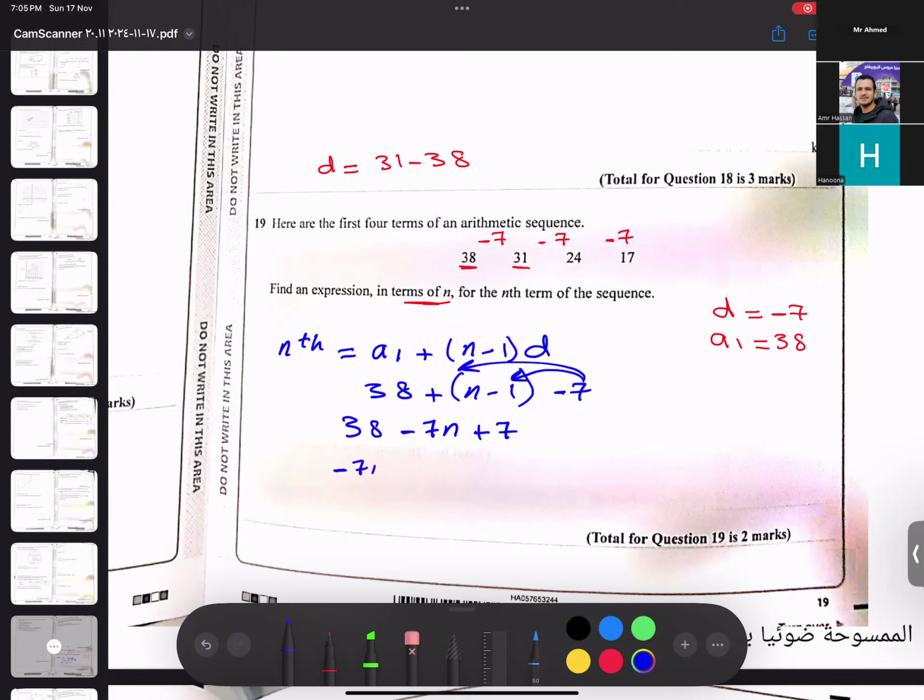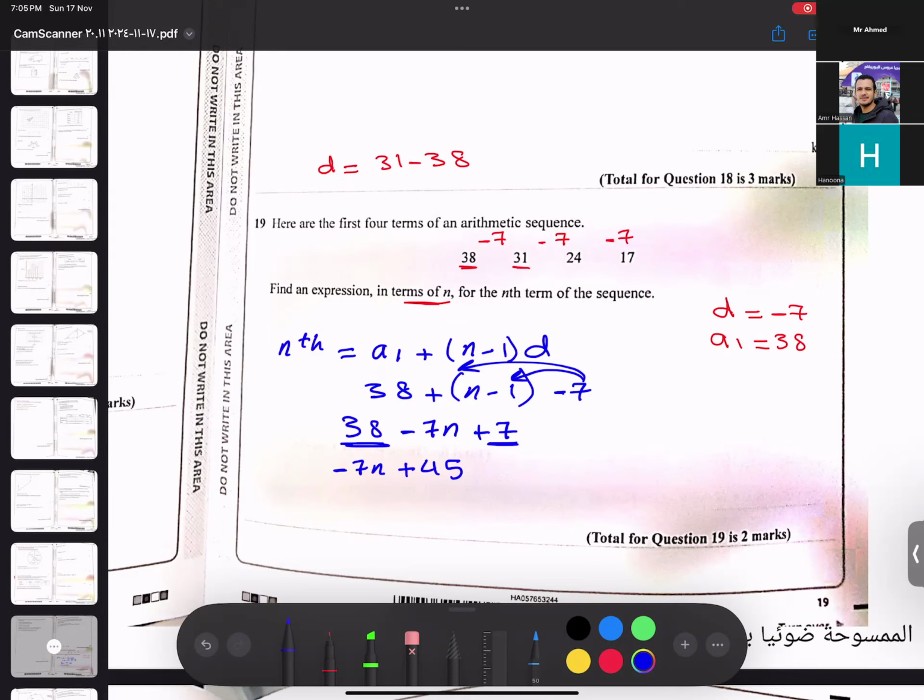This one looks like minus 7n. 38 plus 7 is 45. Let me write down 45. So did you get it? I think it's obvious.